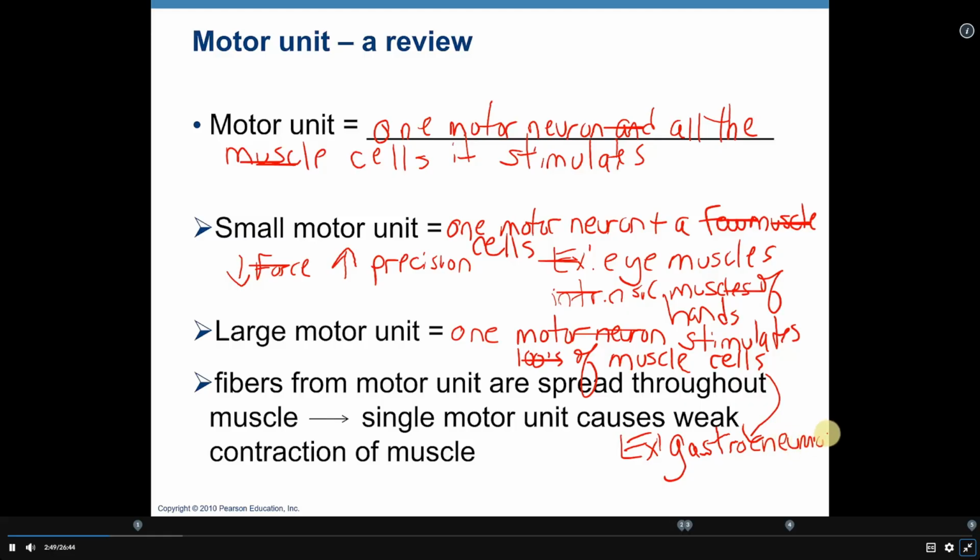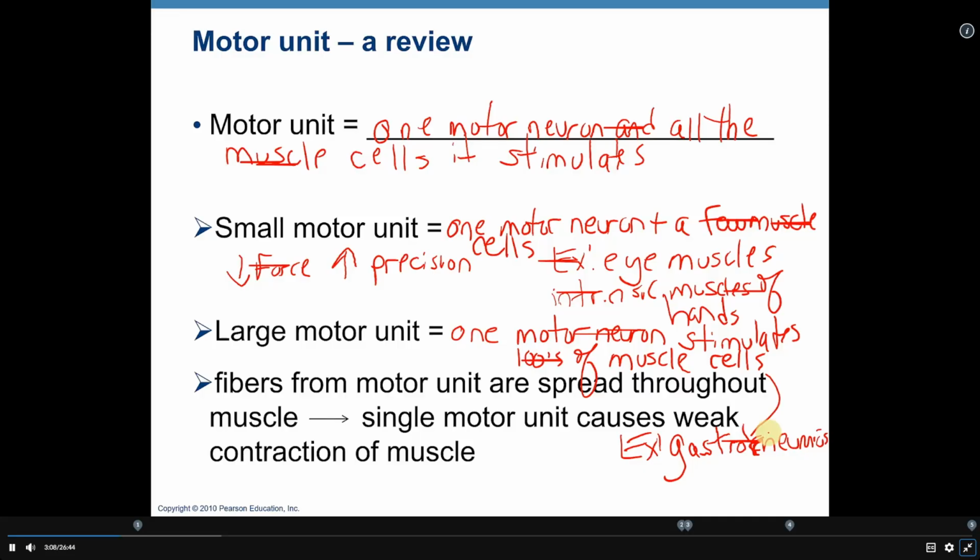And you don't perhaps know this muscle yet, but this is the posterior lower leg muscle, the gastrocnemius. This is a C right here, by the way, C. So this is a fairly large muscle, and it has large motor units, several large motor units.